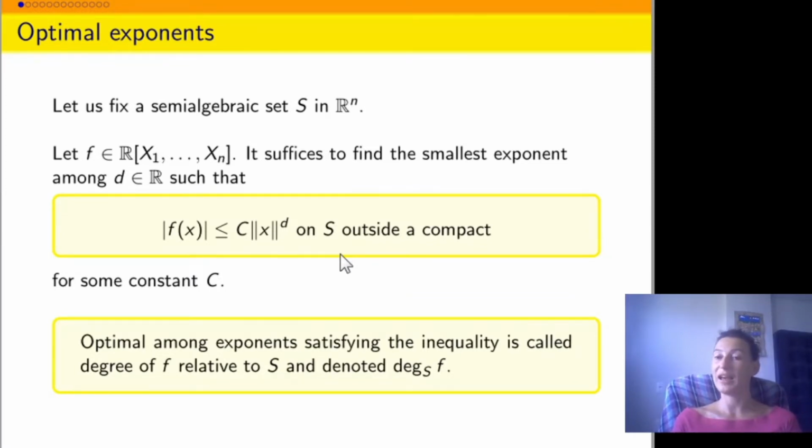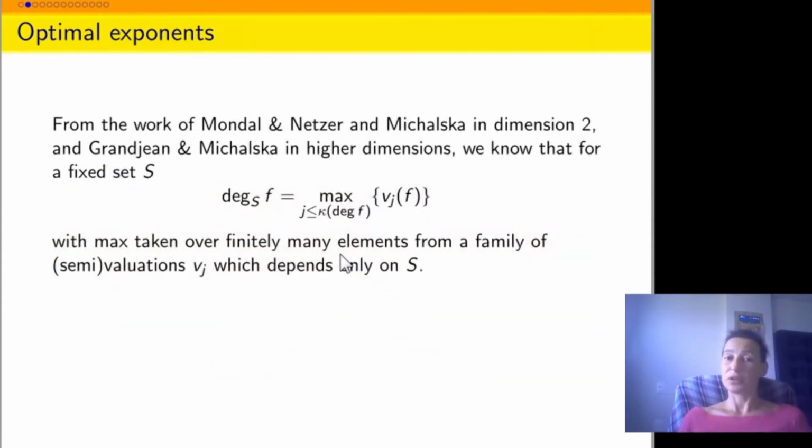and is denoted as deg_S f. From previous work, we know that for a fixed set S, the relative degree of a polynomial is a maximum over a finite number of valuations.